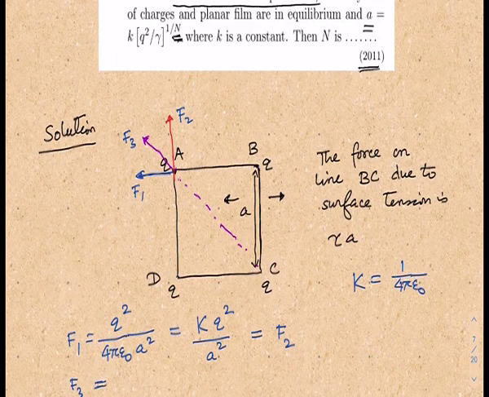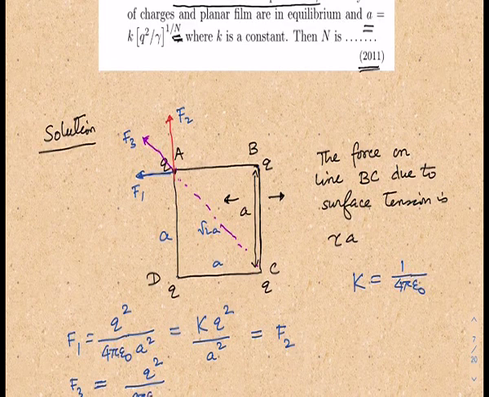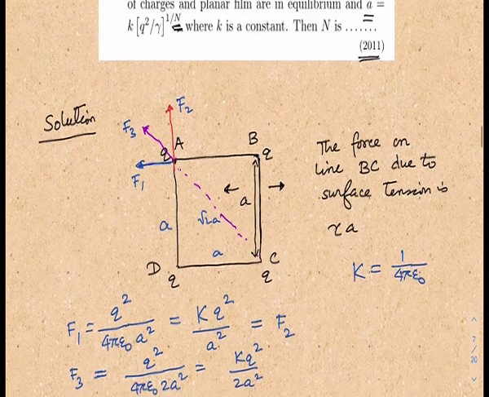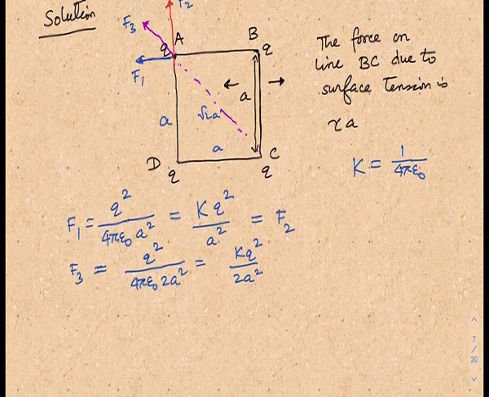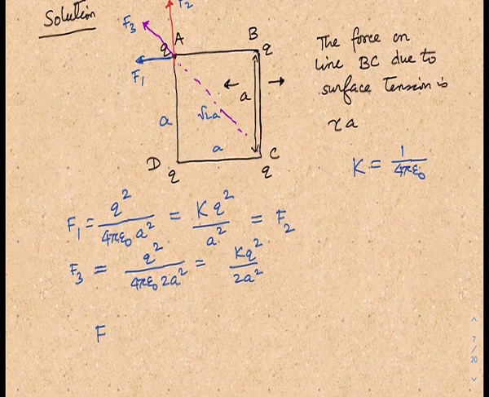This distance is root 2 a from Pythagoras theorem, so it would be q squared divided by 4 pi epsilon 0 (2a squared), which is K q squared by 2a squared. So that is my F3. So the resultant force, now you see, this has to be at 45 degrees, right?